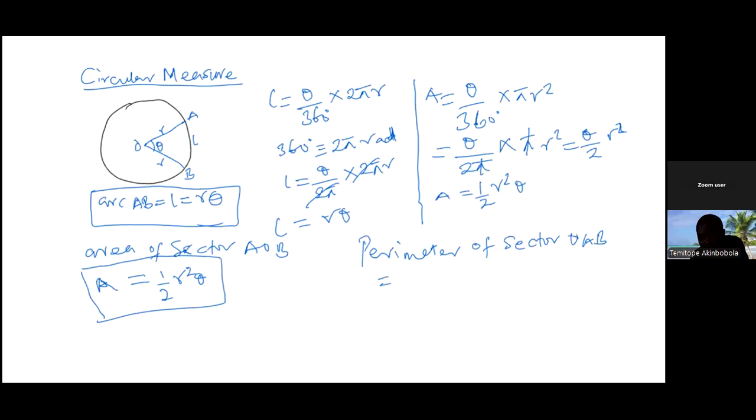So the perimeter will be OA plus OB plus arc AB, which means R plus R plus L.